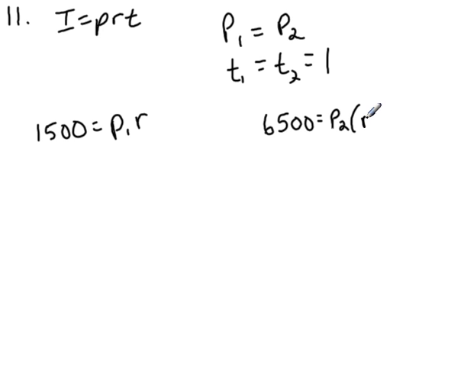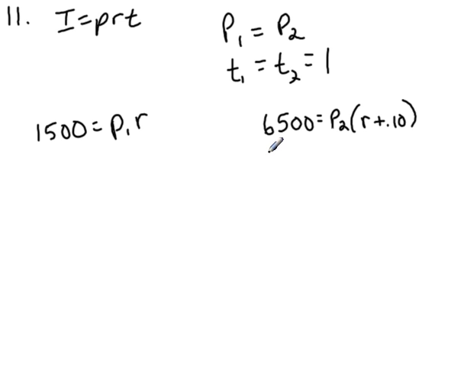So it's going to be R plus 10% or 0.10, because the problem told us that the rate when they earned $6,500 was 10% more than the rate when they earned $1,500. So my rate for this equation is R plus 0.10, 10% changed to a decimal.